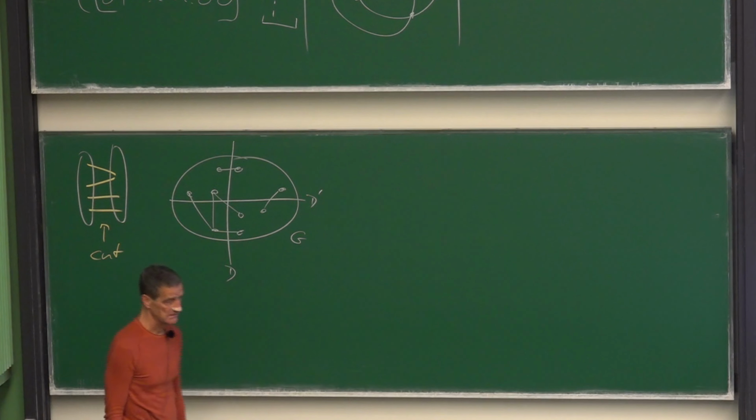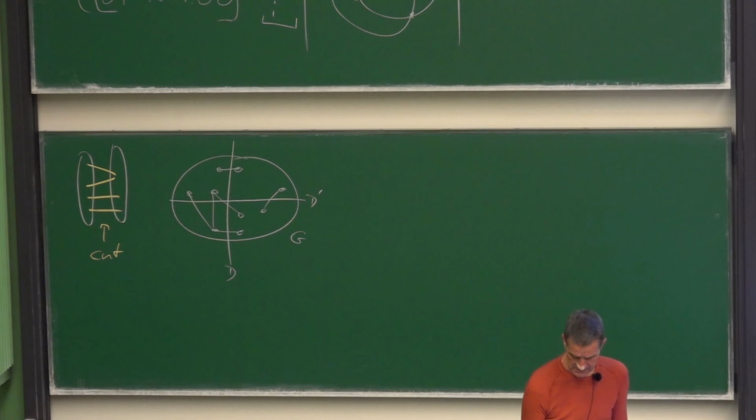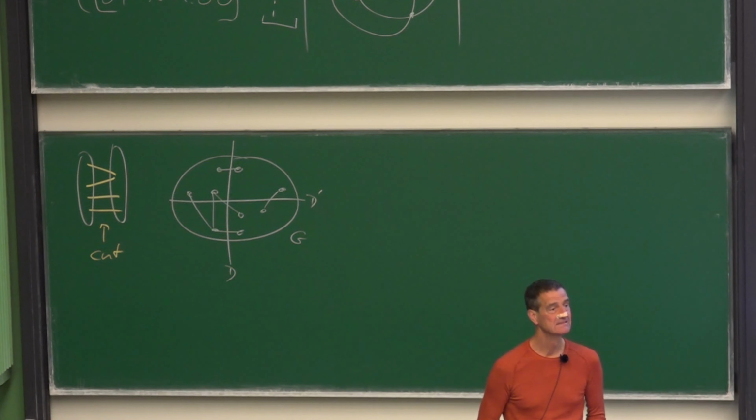And can anyone see a vertex partition whose corresponding cut is the symmetric difference of D and D prime? Yeah. We can take the top right and bottom left.